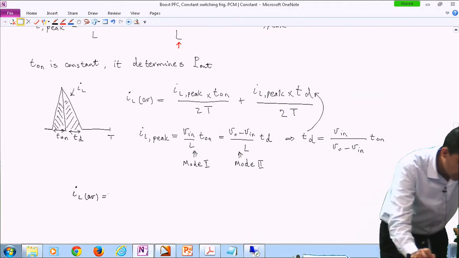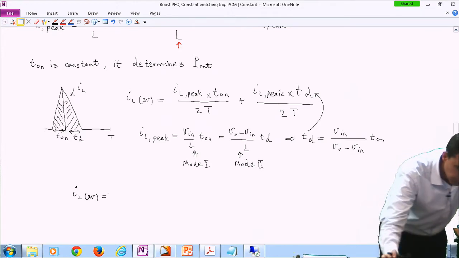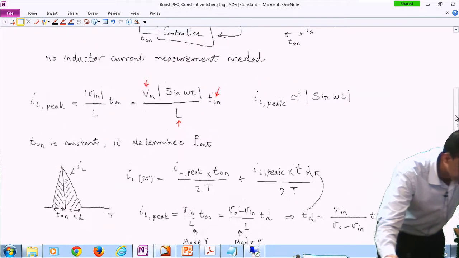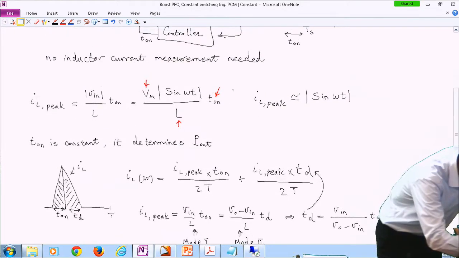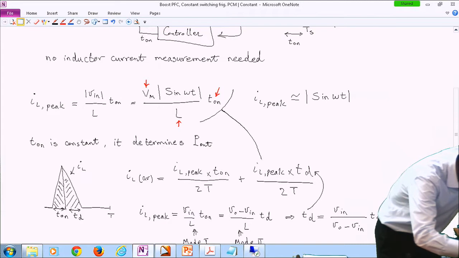And also, instead of I_L peak, I am going to put what I had over here. This expression goes for I_L peak here and also here.